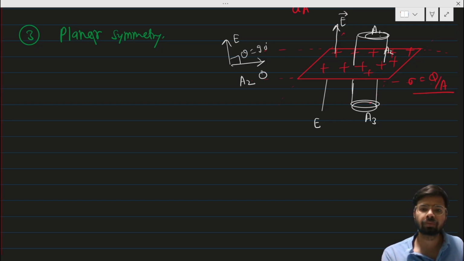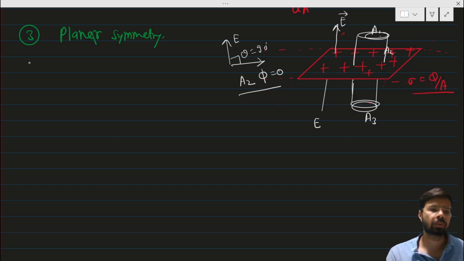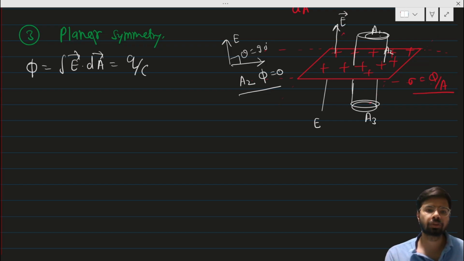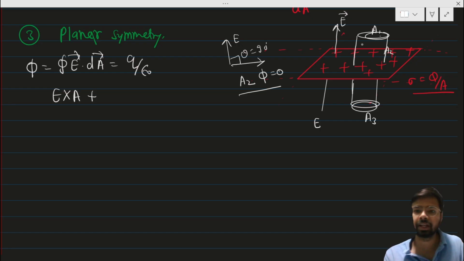So flux phi contribution will be 0. So flux phi is equal to E dot dA, equal to Q over epsilon naught enclosed. So EA plus, area vector in this direction, sorry, electric field in this direction and area vector in this direction, so both are in the same direction, so theta will be 0 and cos theta will be 1.